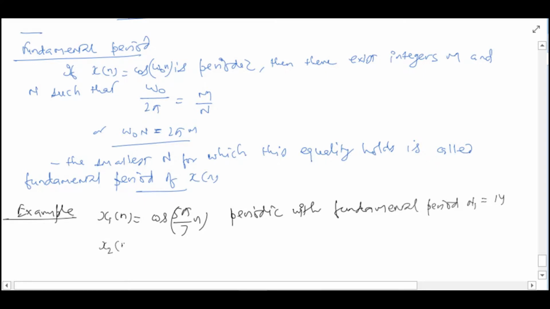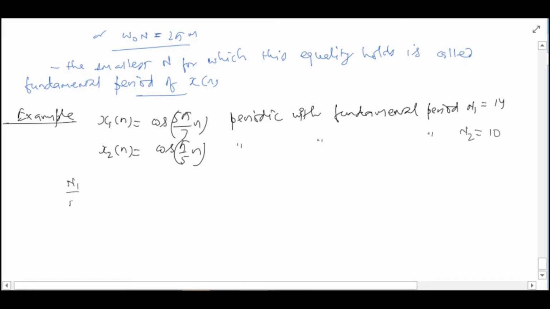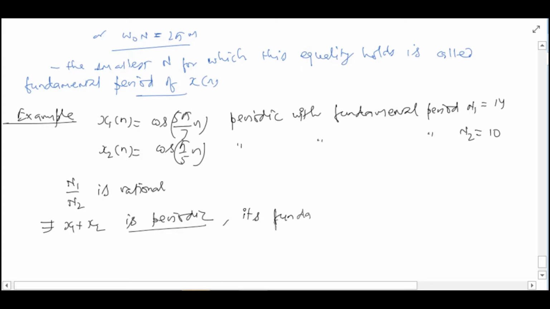We have already seen that x2[n], defined as cos pi by 5 n, is periodic with fundamental period 10. Notice that n1 by n2 is rational. So x1 plus x2 is periodic, and its fundamental period is the LCM of 14 and 10, which is 70.